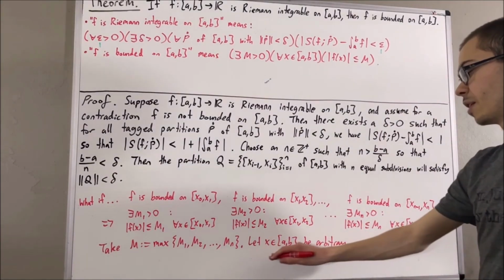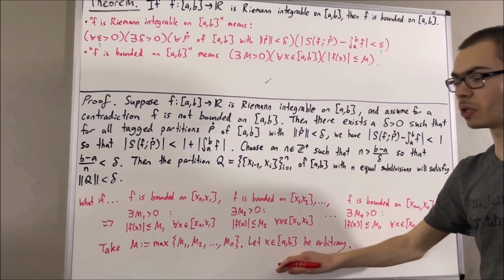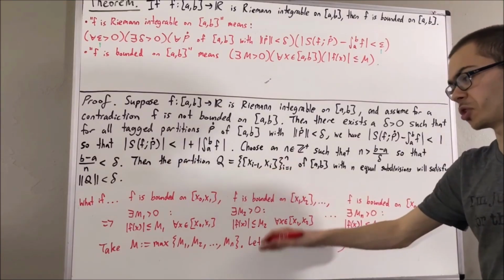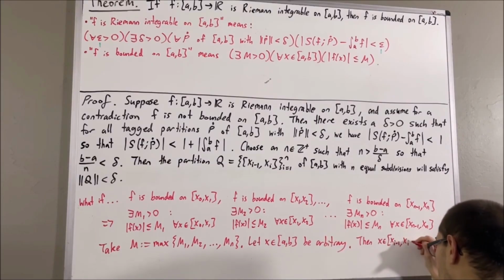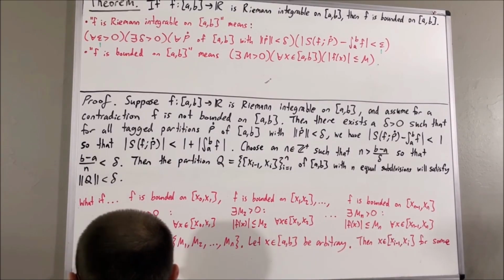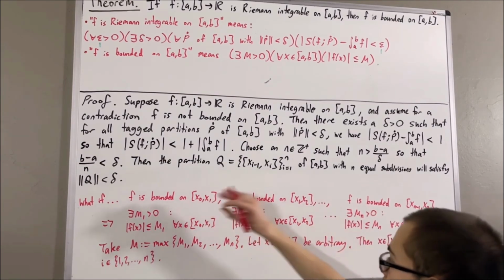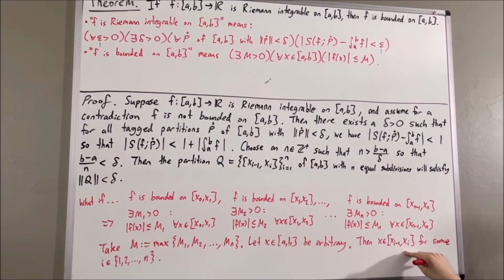Well, since x is an element of [a, b], and Q is a partition of [a, b], then x must belong to one of these subintervals. So let's say that x belongs to the ith subinterval. But remember, f is bounded on every single subinterval. So f is bounded on the ith subinterval.